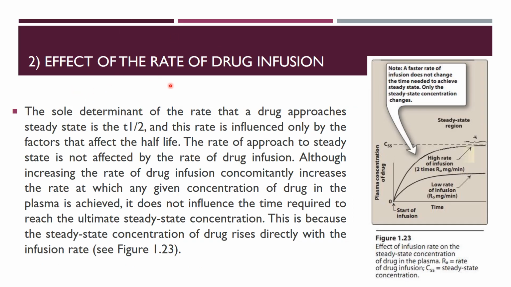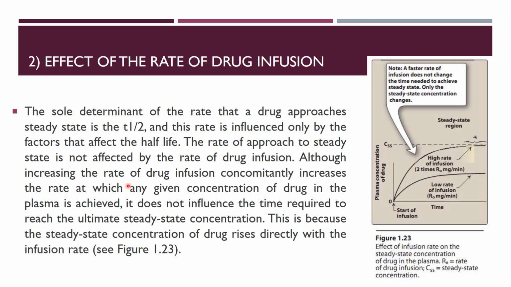Number two, effect of the rate of drug infusion. The sole determinant of the rate at which a drug approaches steady state is the half-life, and this rate is influenced only by the factors that affect the half-life. The rate of approach to steady state is not affected by the rate of drug infusion.